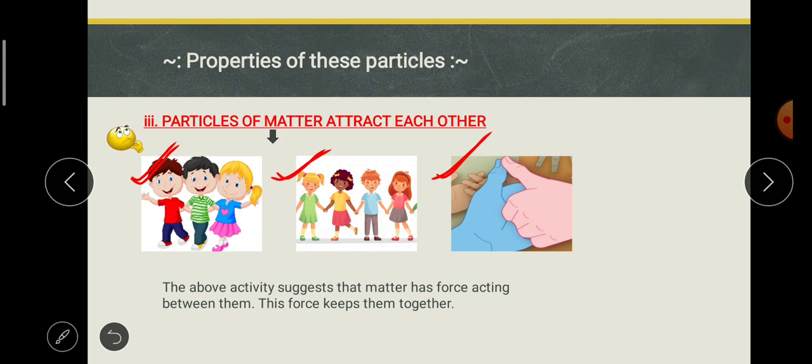So the above activity suggests that particles of matter have a force of attraction between them, and this force keeps them together.